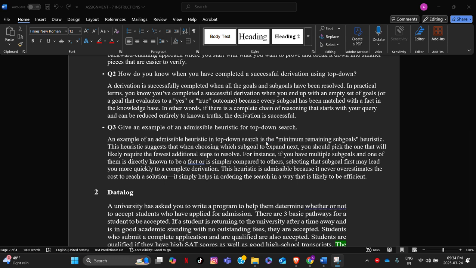An example is the minimum remaining sub-goals heuristic, which selects the sub-goal that appears simplest or is most likely to be resolved quickly, ensuring efficiency without overestimating the cost to solve the query.